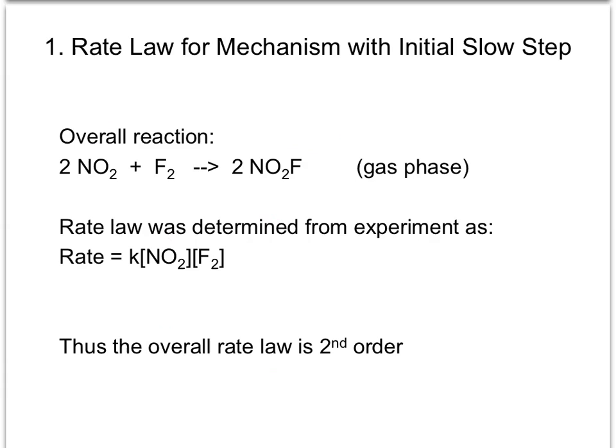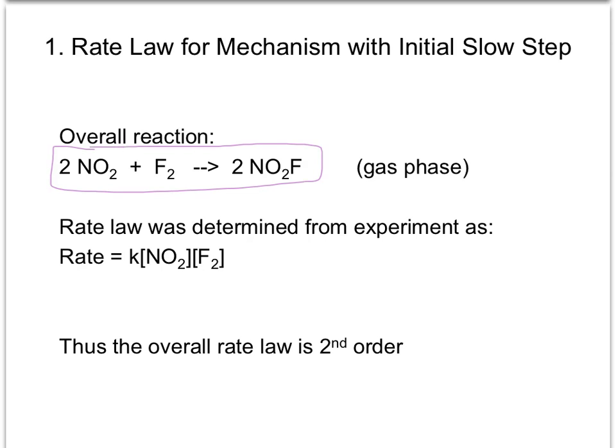Alright, now there are two mechanisms we're going to look at. The first one's easy, the second one is much harder. And we're going to use a reaction that has an overall reaction 2NO2 plus F2 forms 2NO2F, and it is gas phase, not critical, so we don't want to drag around the (g) on every species.